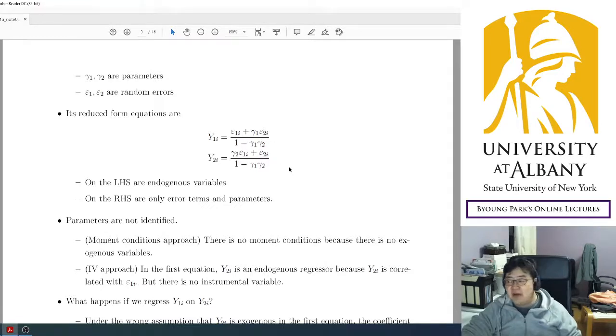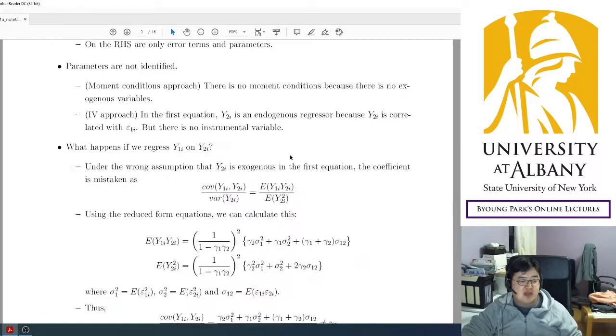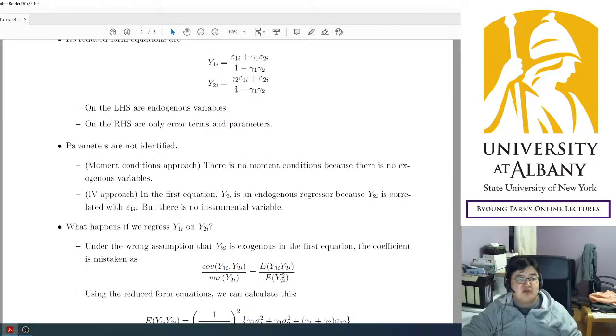But we have to think about the mathematical condition to have a unique solution. That is, the denominator should be non-zero. If the denominator is 0, or converges to 0, then y1 and y2 will diverge. So that is the condition to have a unique, well-defined equilibrium. Simply speaking, gamma 1 times gamma 2 must be different from 1.